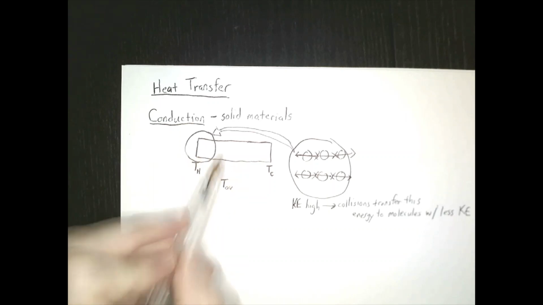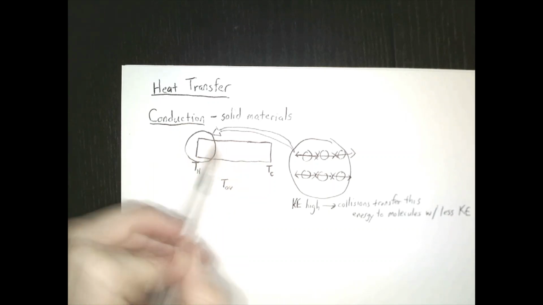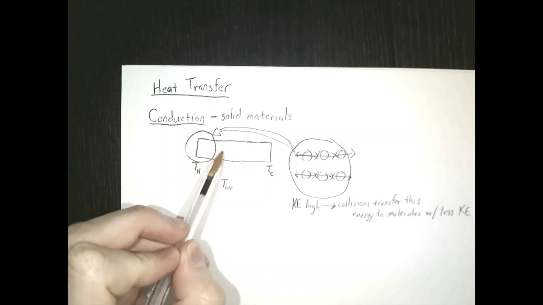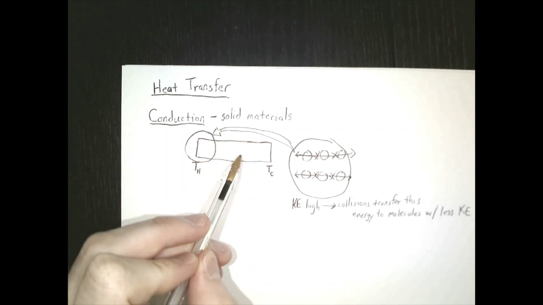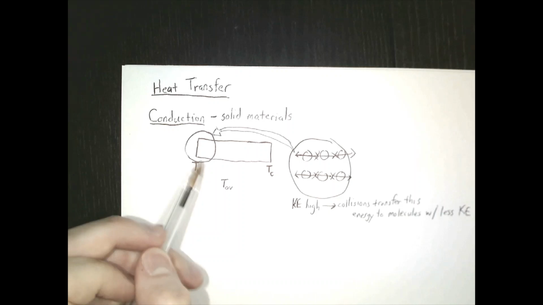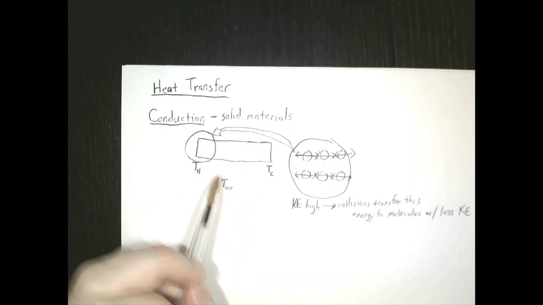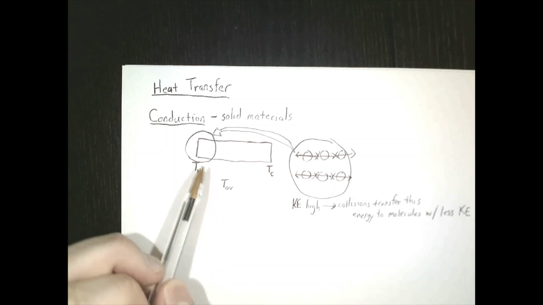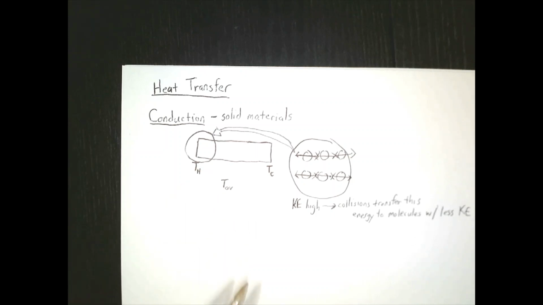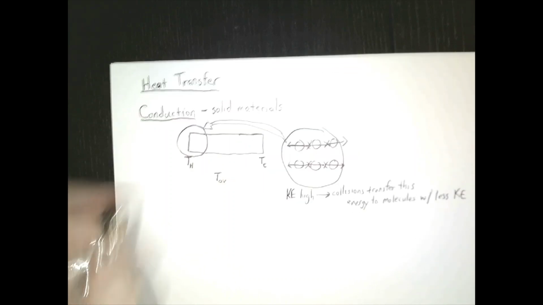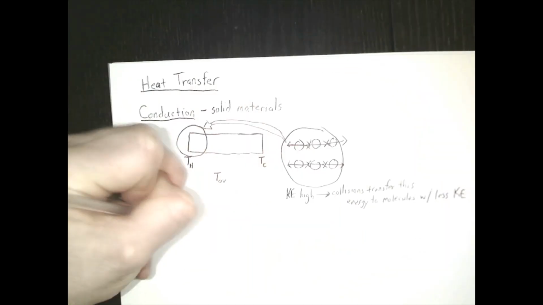They bump into the slower ones. Now these ones are moving faster. They can transfer some of their energy to the ones over here. And eventually the ones on the left will have lost their kinetic energy, and the ones on the right will have gained kinetic energy. And eventually they're all moving at the same speed, not able to transfer any more energy either way. So eventually we reach equilibrium.